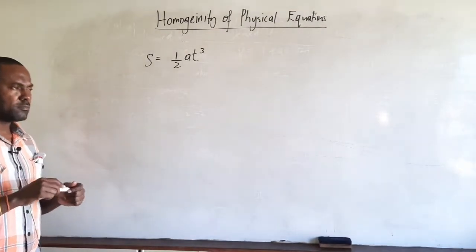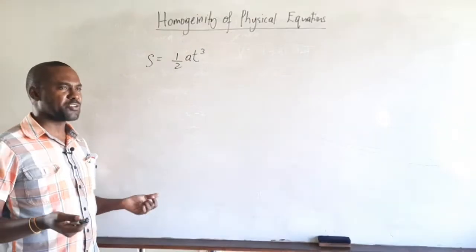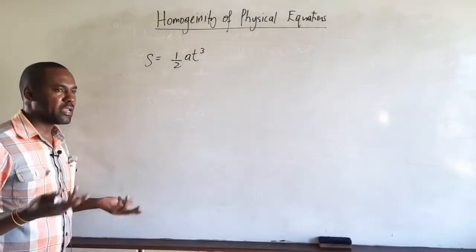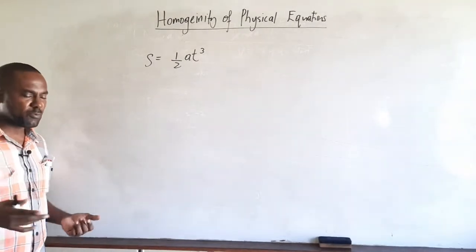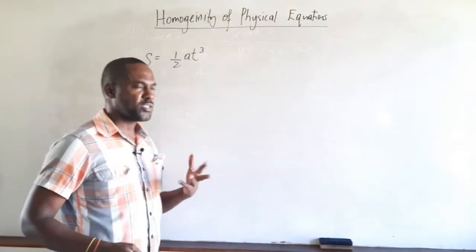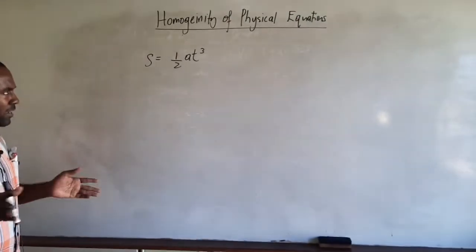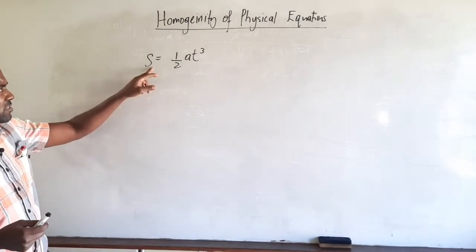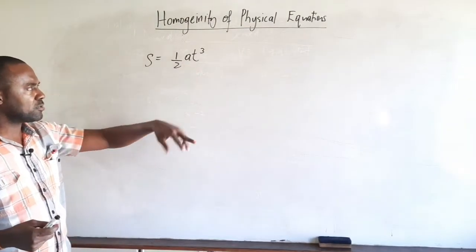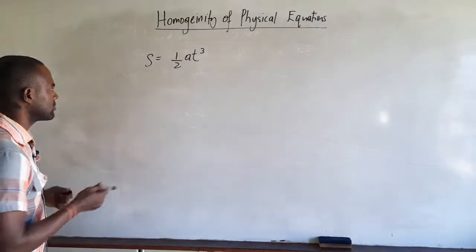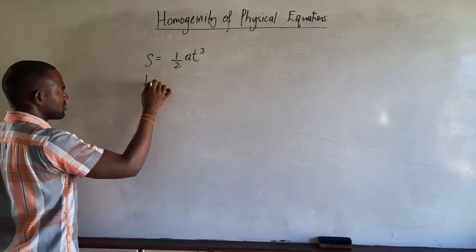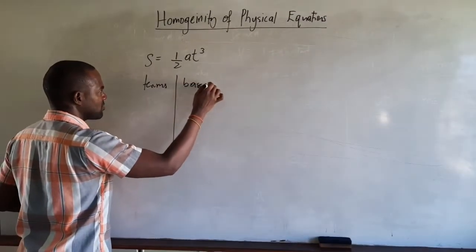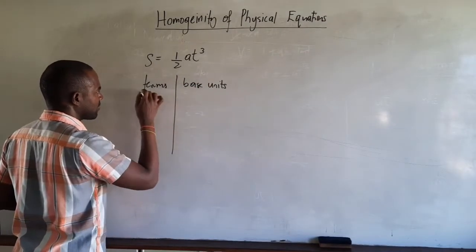I mean, we should be able to tell what is wrong with that equation, of course, because there is an equation which it is somewhat related to. But again, let's pretend that we've never seen this equation before, and so we cannot tell whether it's wrong or right. But of course, the symbols have their regular meanings. So s represents displacement, a is acceleration, and t represents time. So we look at the terms, and of course, we express each in terms of their base units.